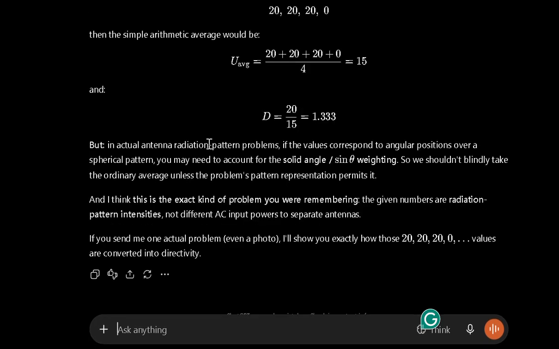But in actual antenna radiation pattern problems, the values correspond to angular positions. A spherical pattern must take into account the solid angle, so students should not blindly take the ordinary average. I think this is the exact kind of problem you are handling. But we solved it differently.